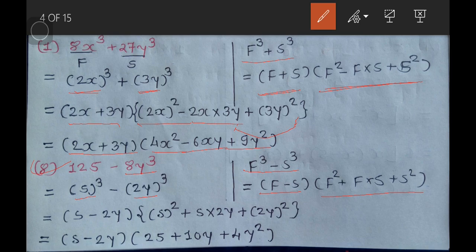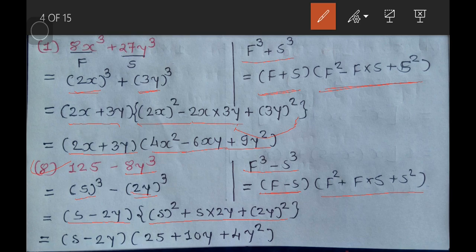So here we get 5 as the first term and 2y as the second term. So let me put it in our identity, our formula. So we get in the first bracket 5 minus 2y as f minus s, and in another bracket 5 square plus 5 into 2y plus (2y) square.